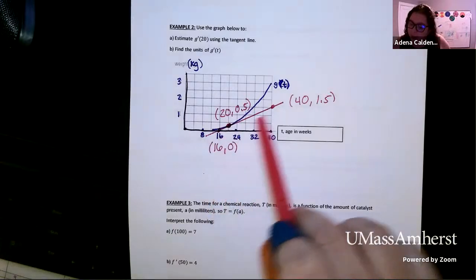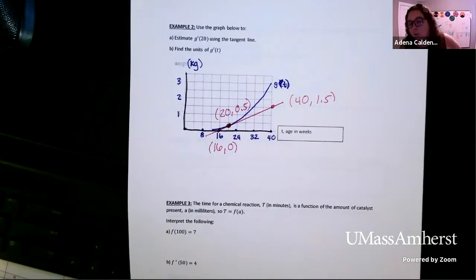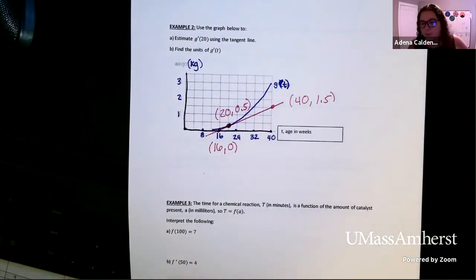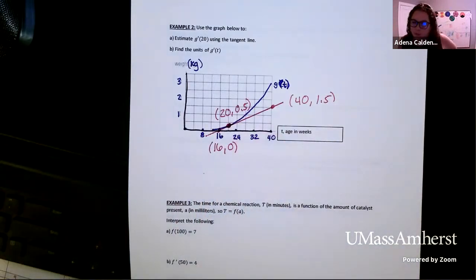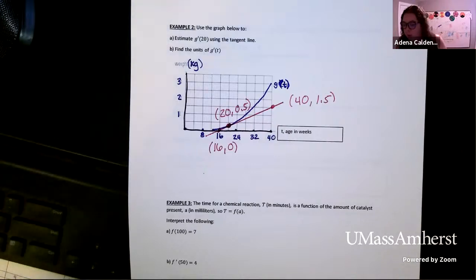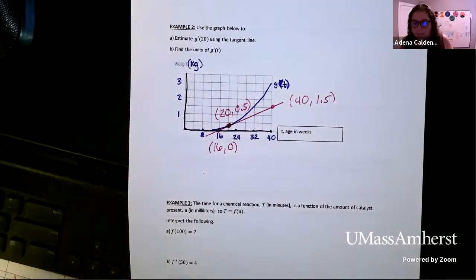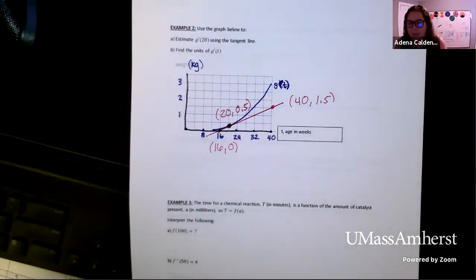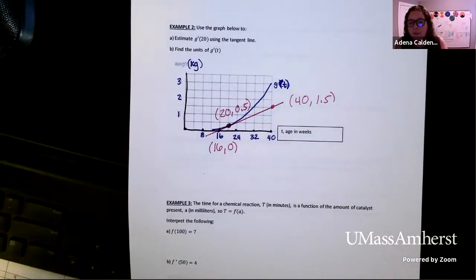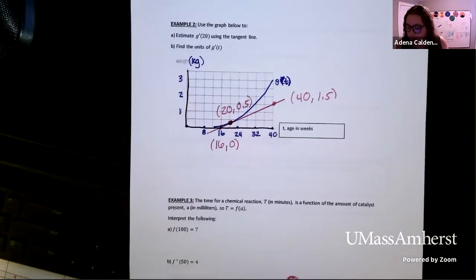For example, no matter how you draw your tangent line, you should come up with a positive slope. It should be upward sloping from left to right. So when you calculate the slope, it should be positive. And once you see the solution I write up, your solution should be in the same general area, right? It might be a little bit bigger, a little bit smaller, depending on your tangent line, but it should be near the answer that I got.